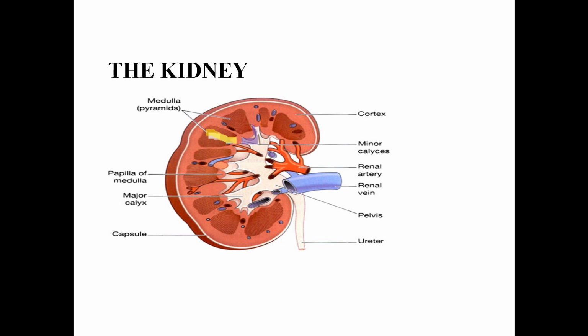But when they merge, when they join together, they form what we are calling the major calyces. The major calyces then deposit urine into the renal pelvis, which is the cavity inside the kidney.